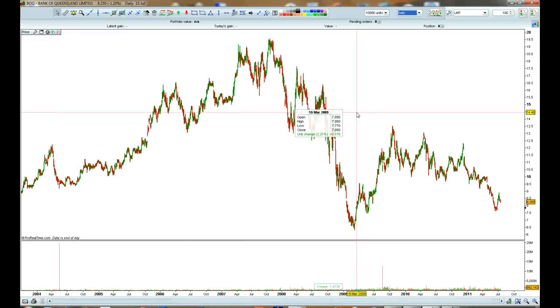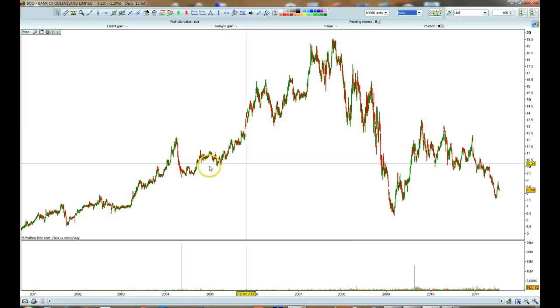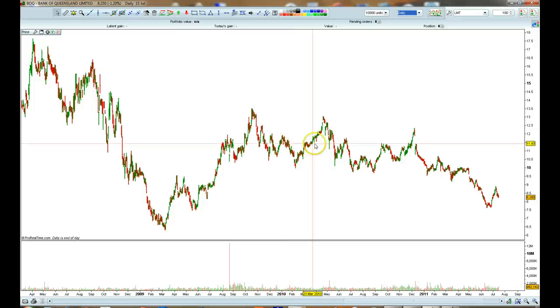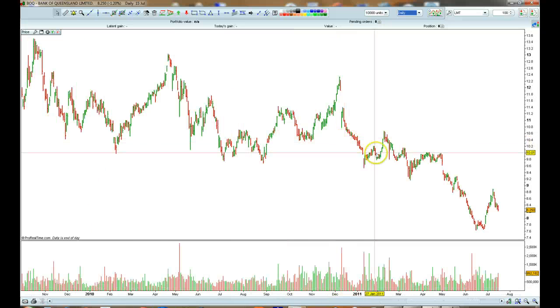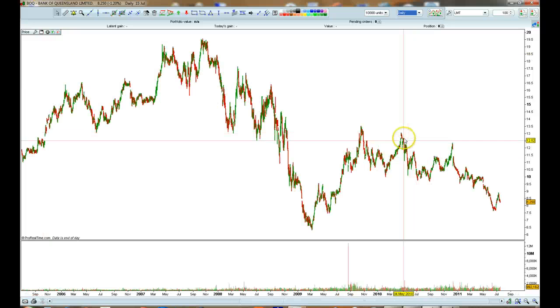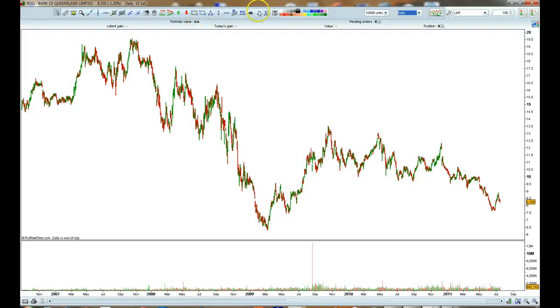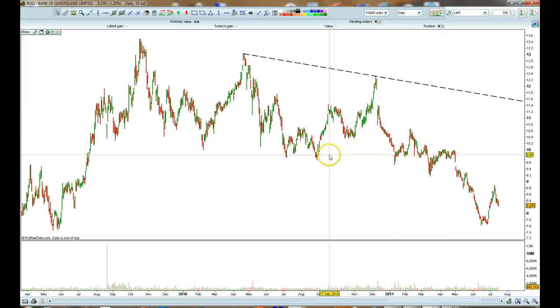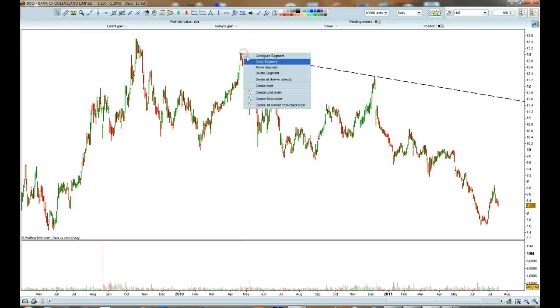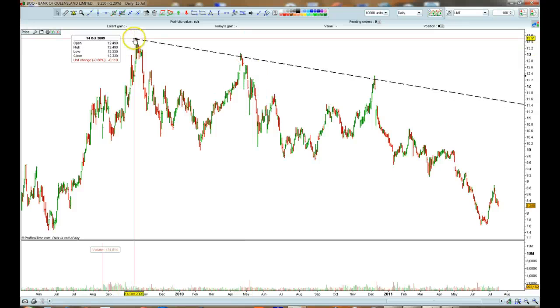I think Jacko had one of these up on the forum, so I'll just have a closer look at it. This has been in a downtrend, a longer term downtrend as well, a bit like Macquarie. I'll just connect those 2 pivots there, or maybe even that one there.